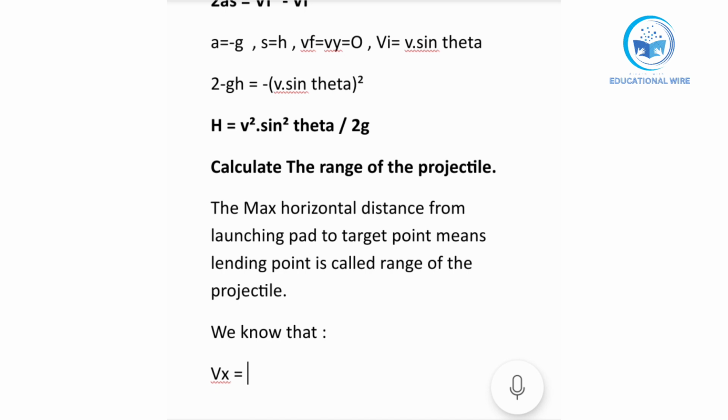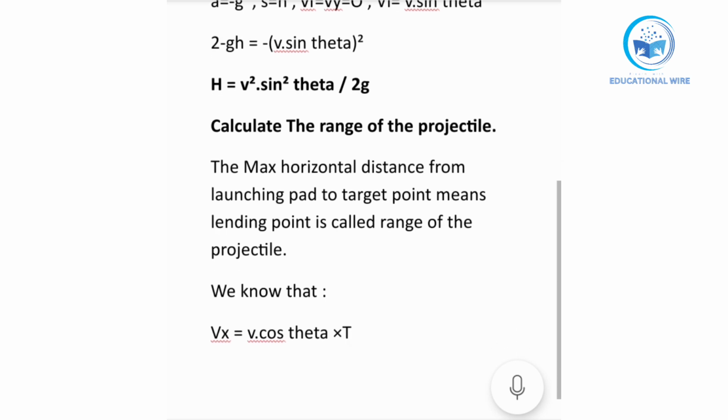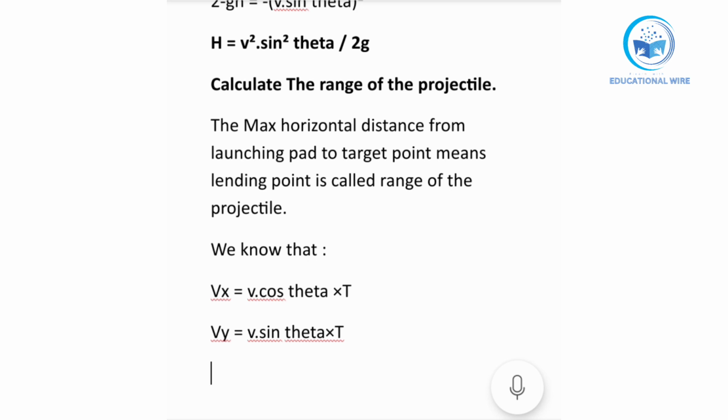Vx is equal to v cos theta into t, meaning with respect to time, so we put t here. Secondly, in the same way, Vy is equal to v sine theta into time. Now we have two equations: one is v cos theta into time, one is v sine theta into time.